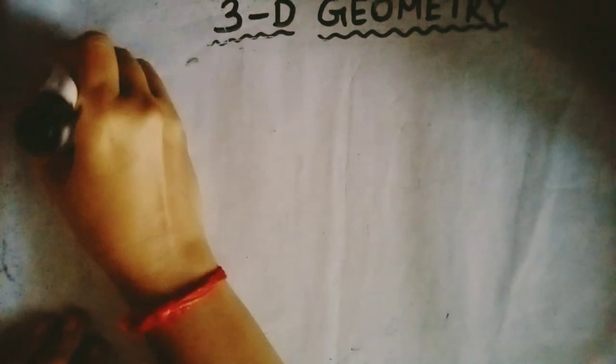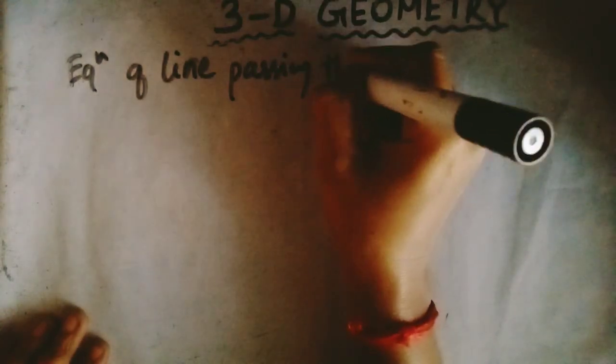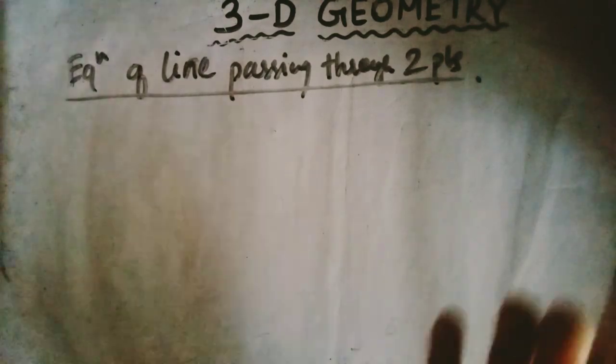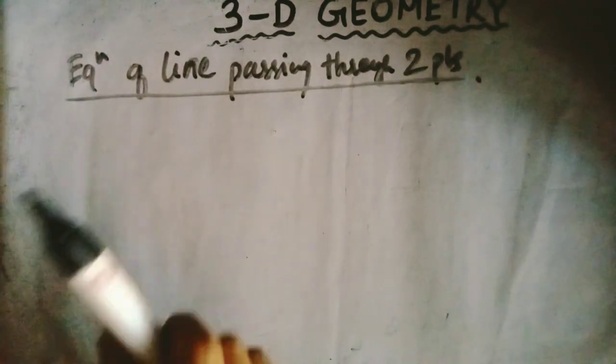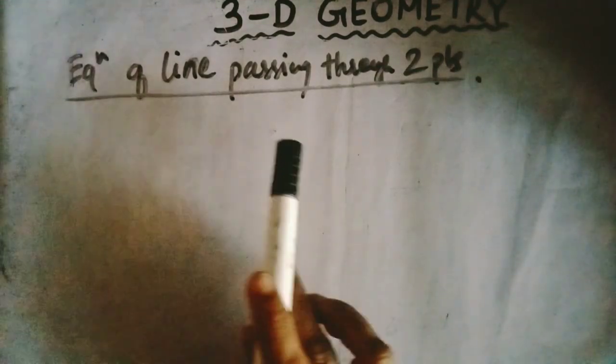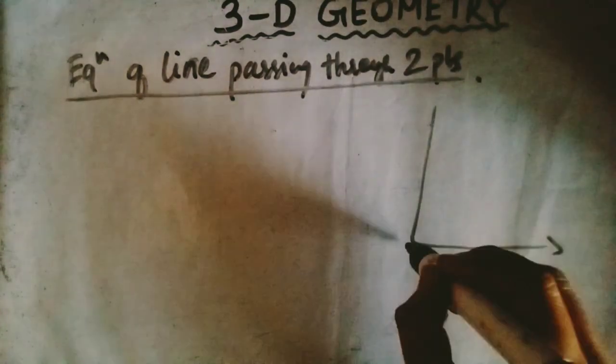Next is the equation of a line passing through two points. Earlier it was the equation of a line passing through a point and parallel to a vector. Here it is the equation of a line passing through two points. Here is a figure.